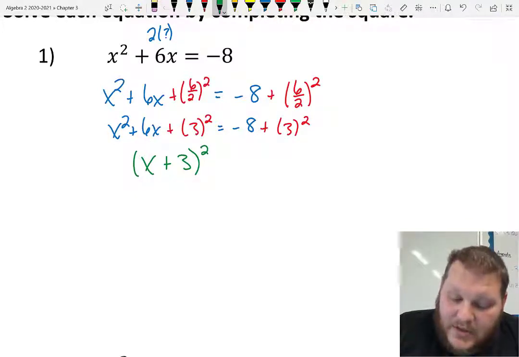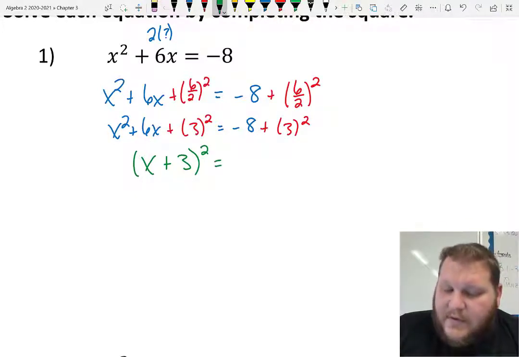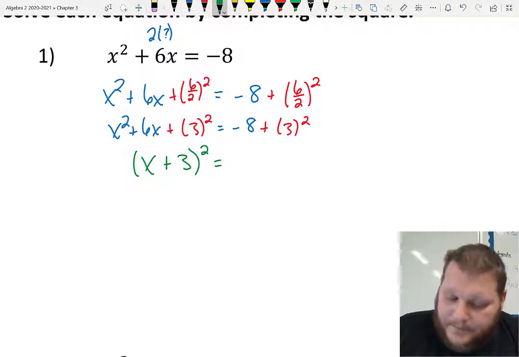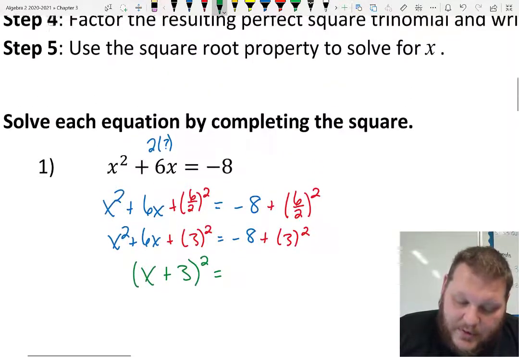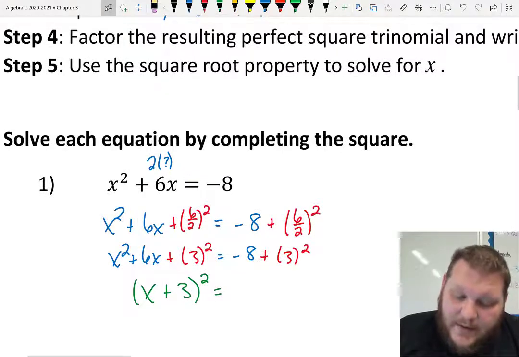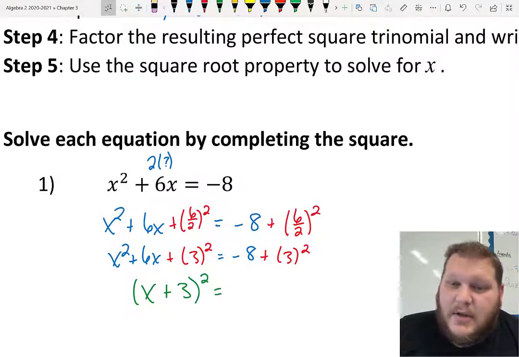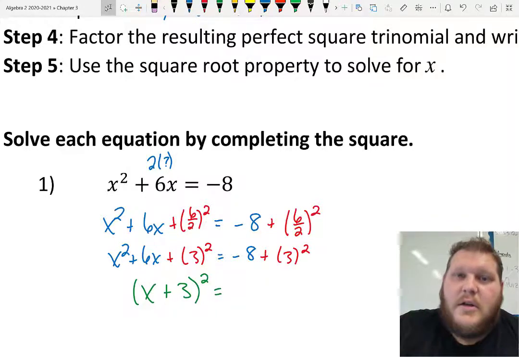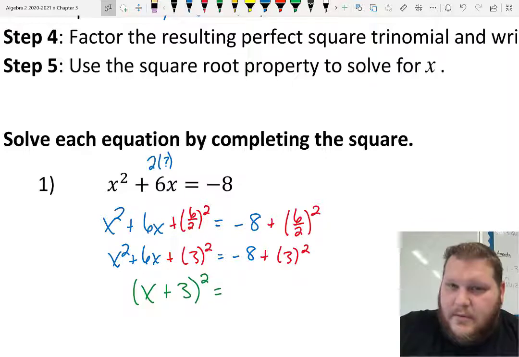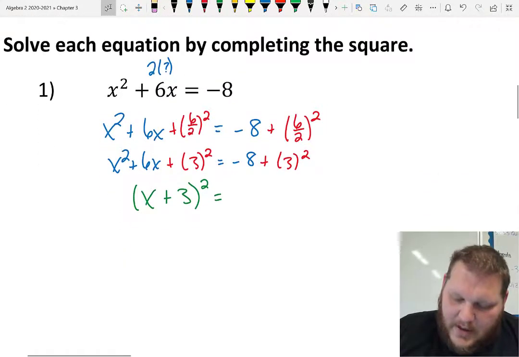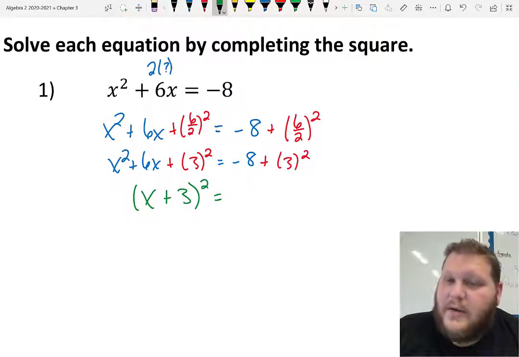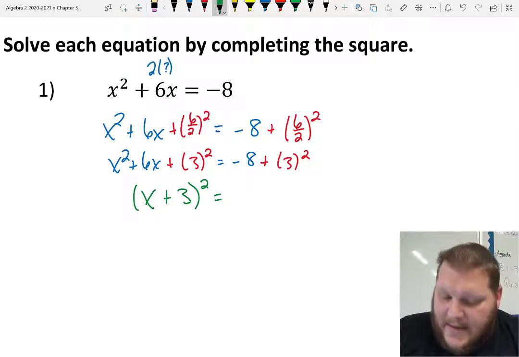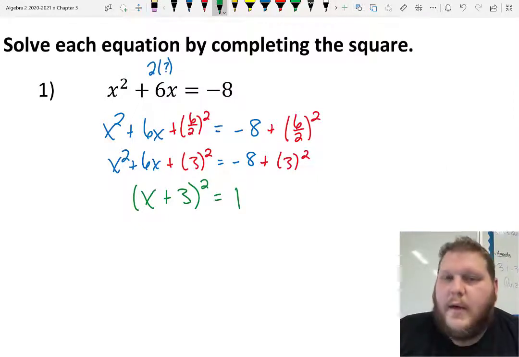On the right side, we do have to evaluate this because we have to combine them together into a single number. Step 4 is what I just did: factor the resulting perfect square trinomial and write it as the square of a binomial. That is taking that 3-term expression and factoring it down into just x plus 3 parentheses squared. On the right side, 3 squared is 9, so -8 plus 9 gives me a +1.